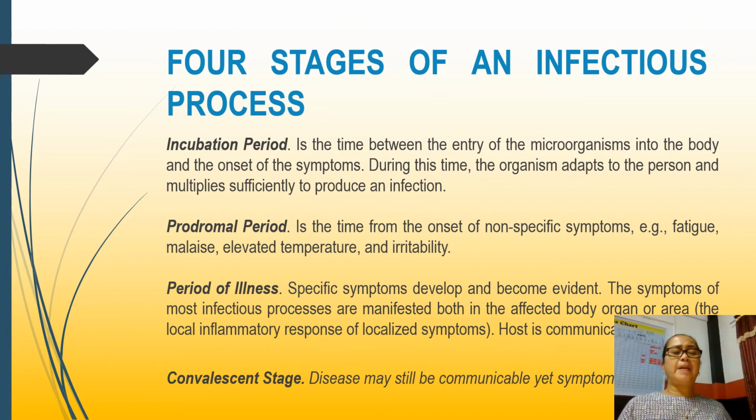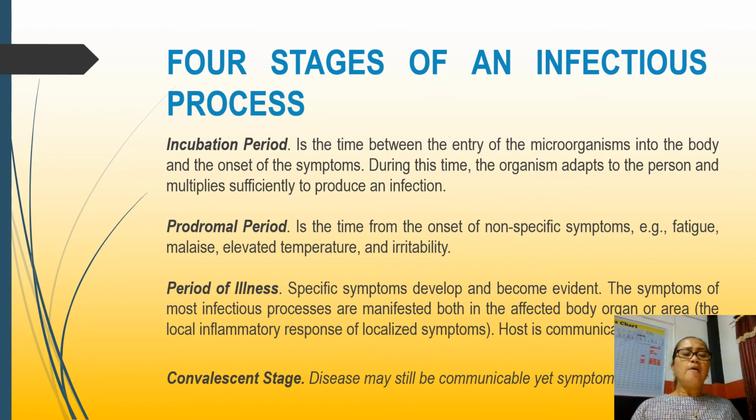Next is the prodromal period. It is the time from the onset of non-specific symptoms such as fatigue, malaise, elevated temperature, plus irritability. That is your prodromal stage. While the period of illness is when the specific symptoms develop and become evident. So, coughing is there, not just elevated body temperature and fatigue, and it reaches the maximum level.